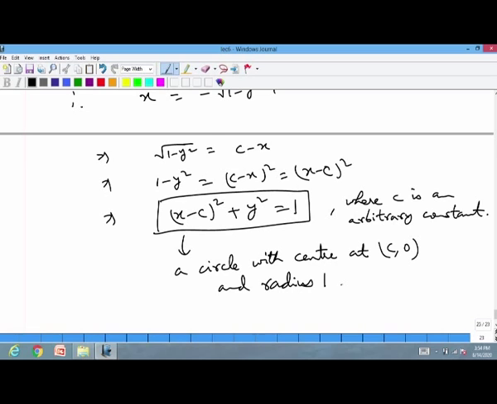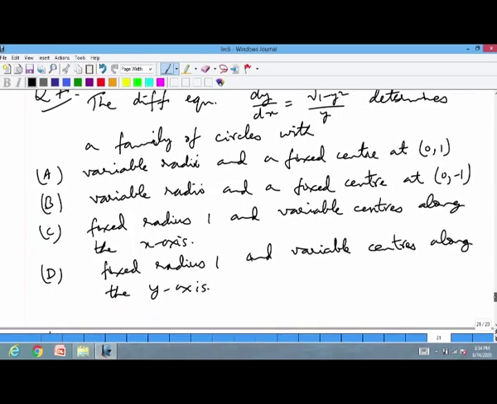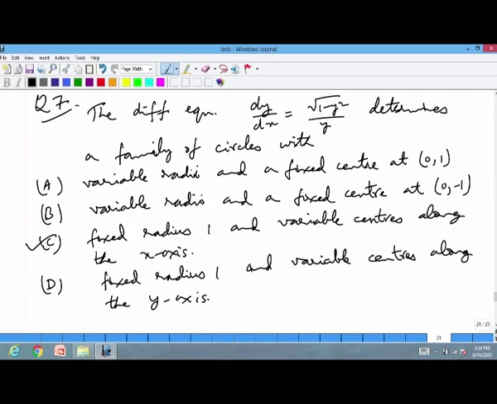So, the radius for all of these circles is fixed 1 and center is c comma 0, this lies on the x axis. So, therefore, option C is the only correct option here. A, B and D are wrong.